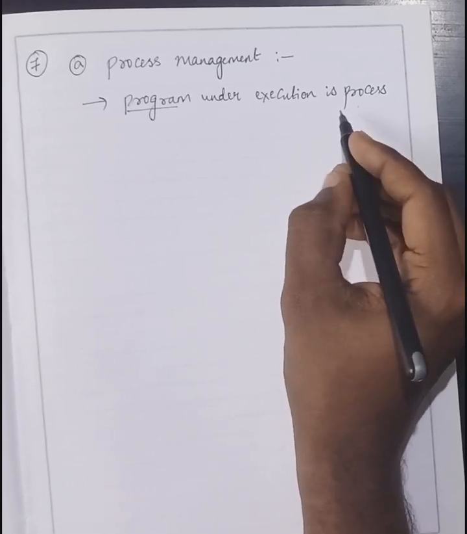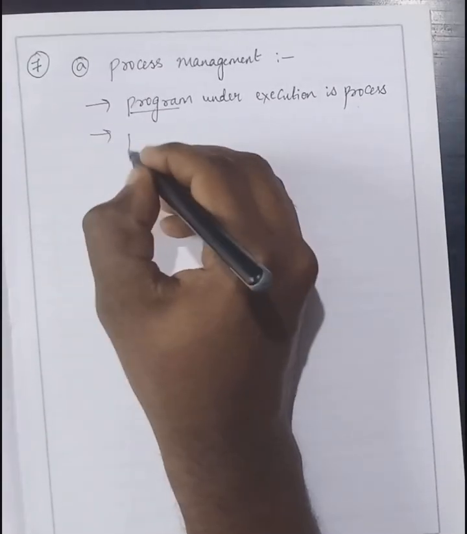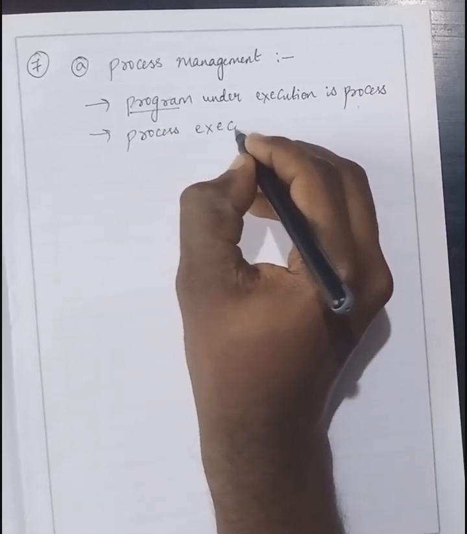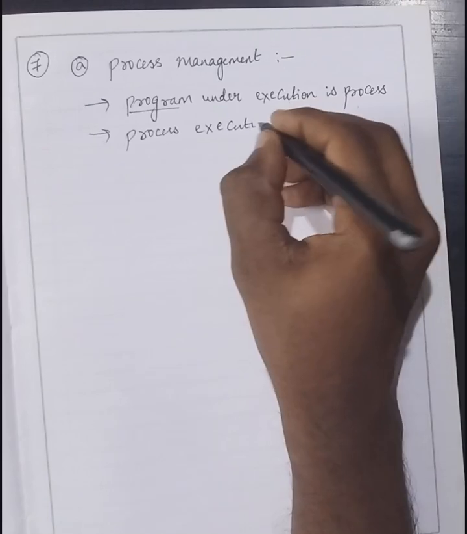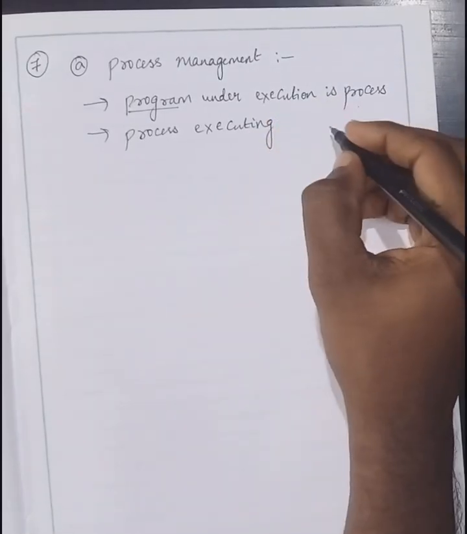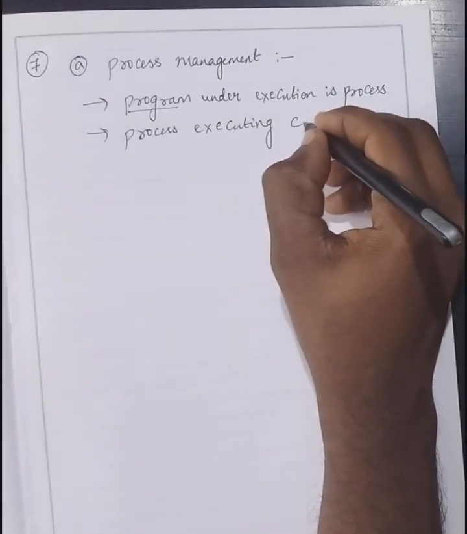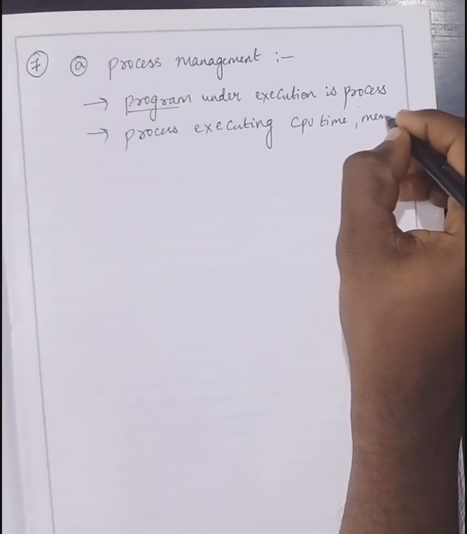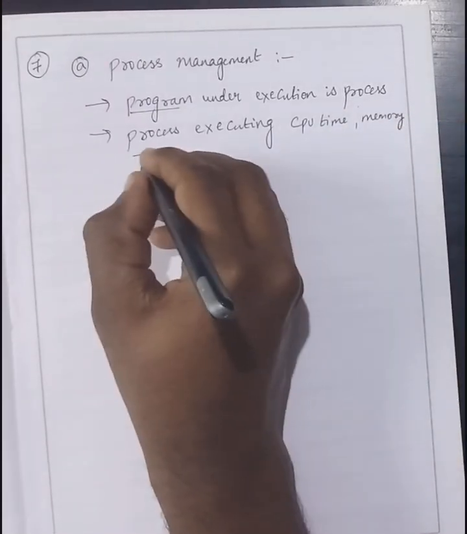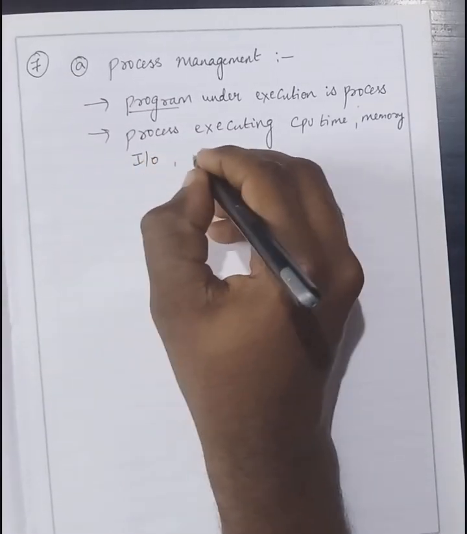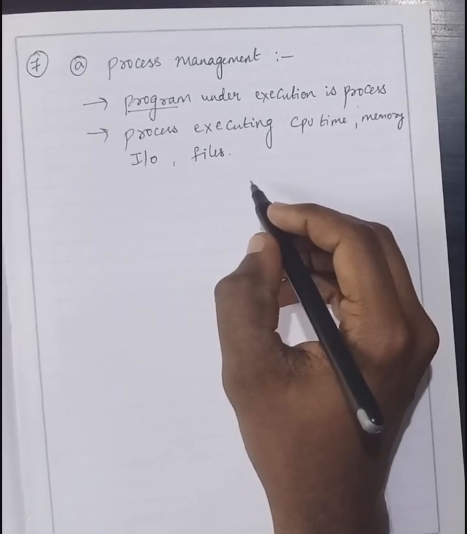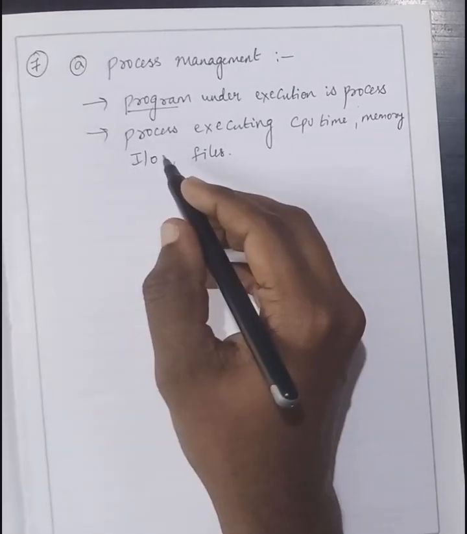Whenever a process is executing, we need resources like CPU time, memory, input output devices to be accessible, and files. All of these are required whenever the process is executing.